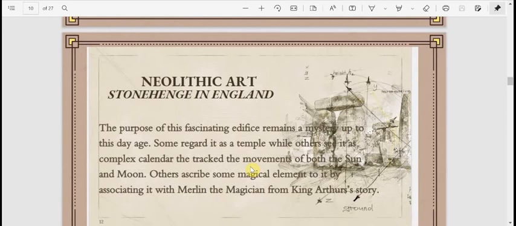The shift from a nomadic lifestyle, when we say nomadic, meaning they were not permanent settlers, they moved from place to place, to settled communities brought the opportunity for creating permanent shelter.